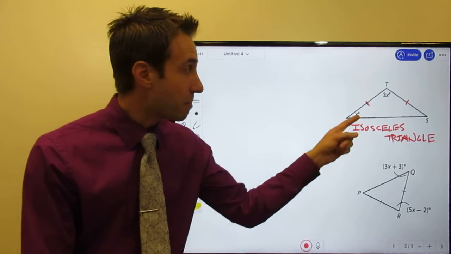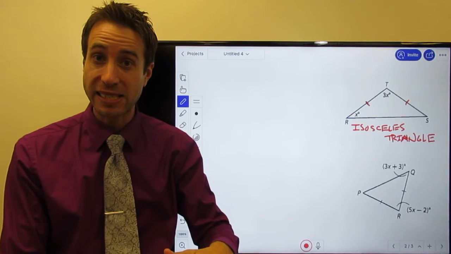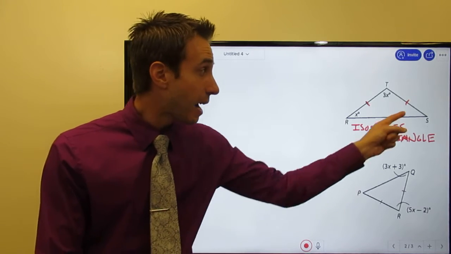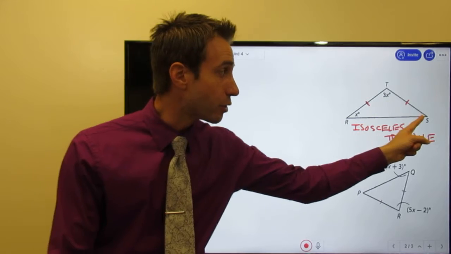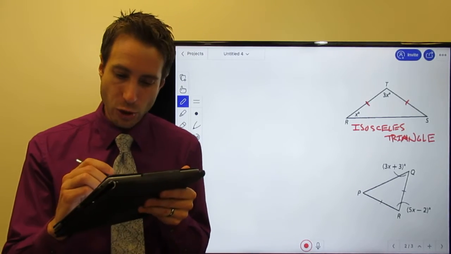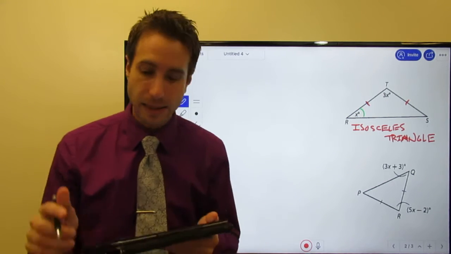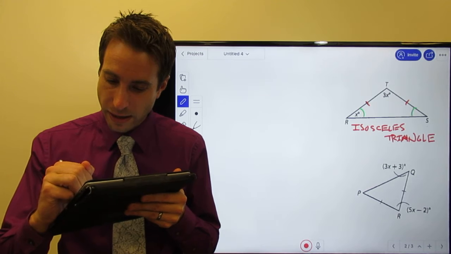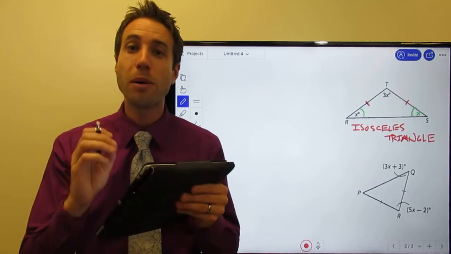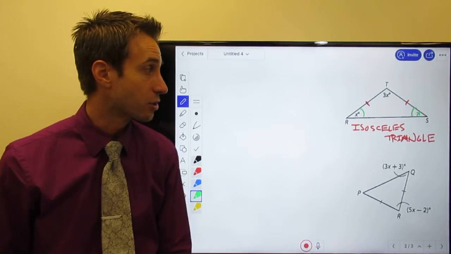Well, remember, because these two sides are congruent, what do I know about the base angles? Yeah, the angles opposite those two sides must also be congruent. So if this angle right here is equal to x, this angle over here must also be x. It has to be. That's the property of isosceles triangles.